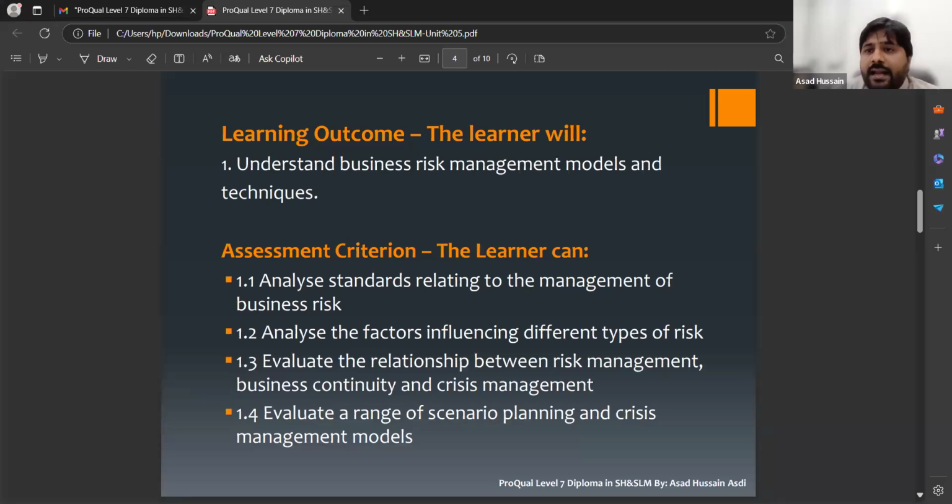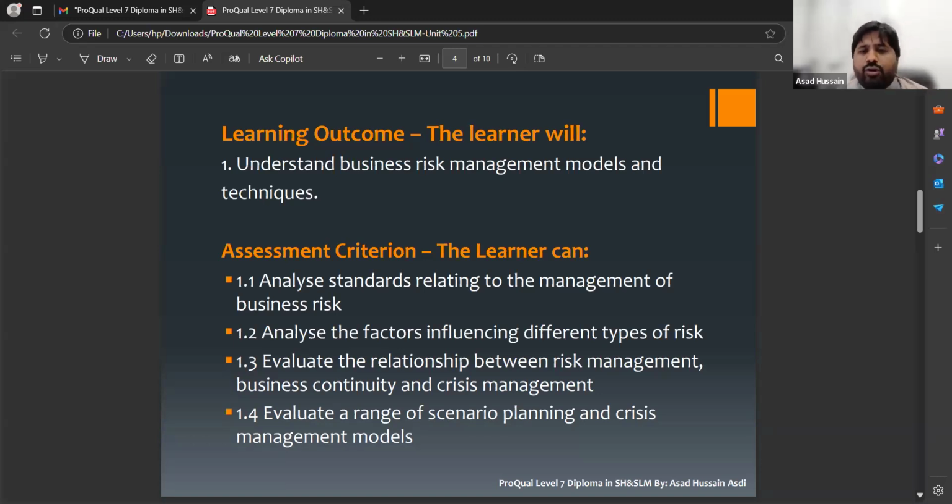To support that explanation, he can produce evidence in the form of a complete business risk management model or plan, because in the plan, risk management, business continuity, and crisis management are all considered or can be considered.